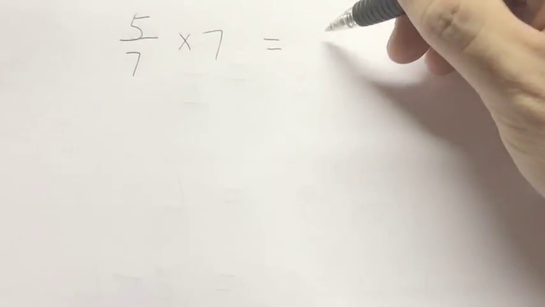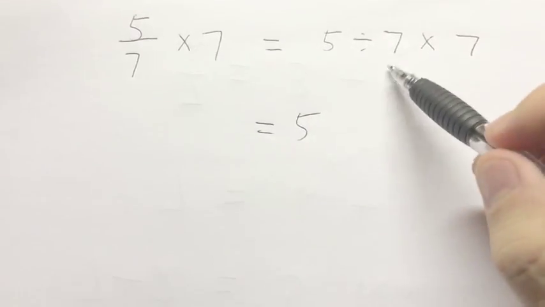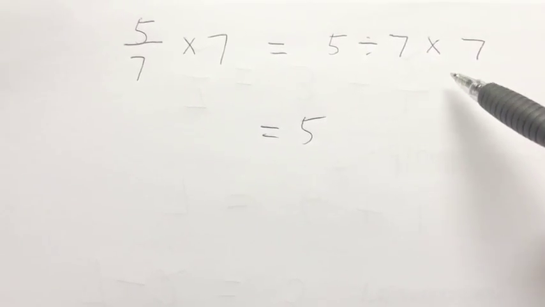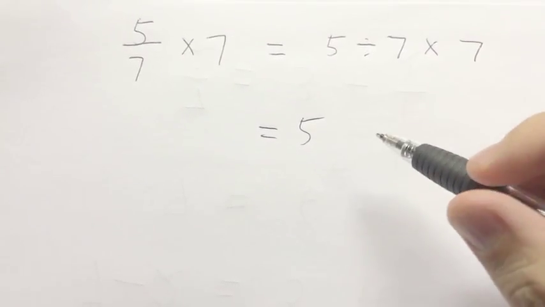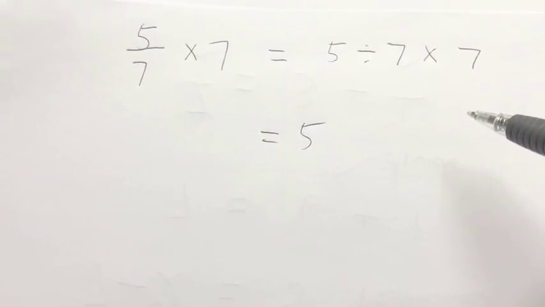So 5 divided by 7 times 7 is just equal to 5, because when you divide by something and then times by something, you get back the original thing. And if you times by something and divide it by something, you also get the original thing.